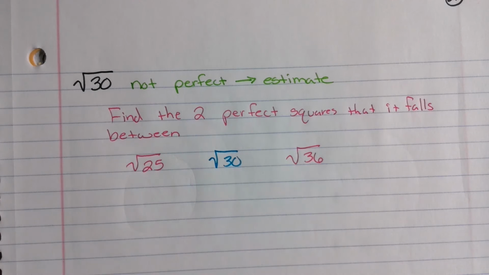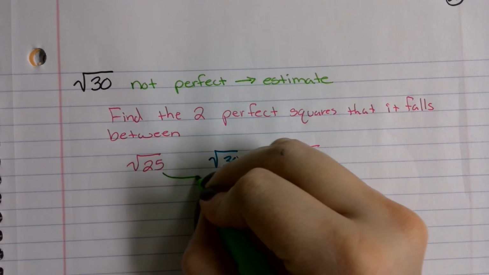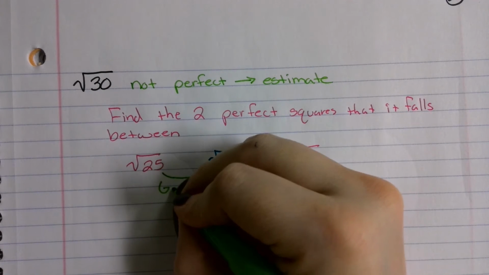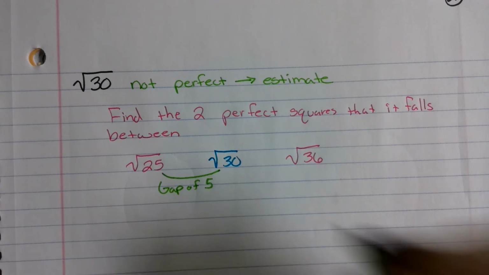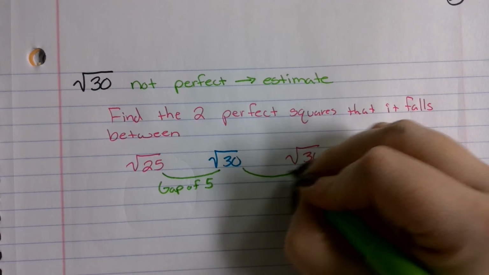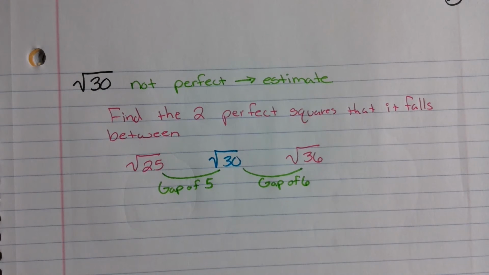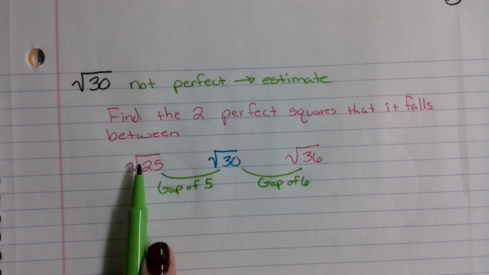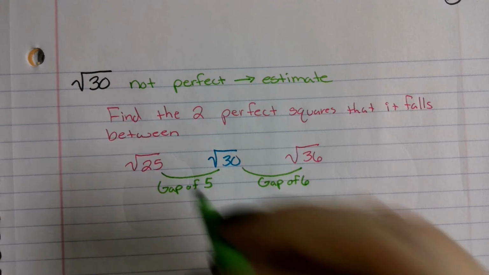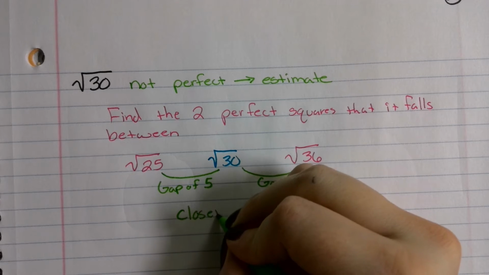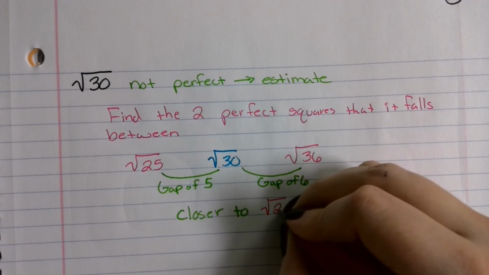So now we just need to identify how big the gap is between these. The gap between 25 and 30 is how big? It's a gap of 5. What about the gap between 30 and 36? It's a gap of 6. So it's closer to 25 than it is to 36. It's closer to that square root of 25.